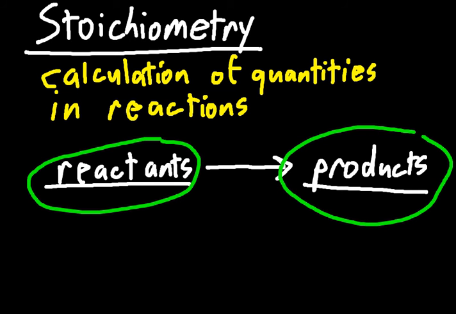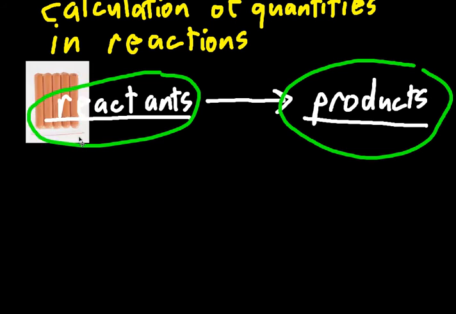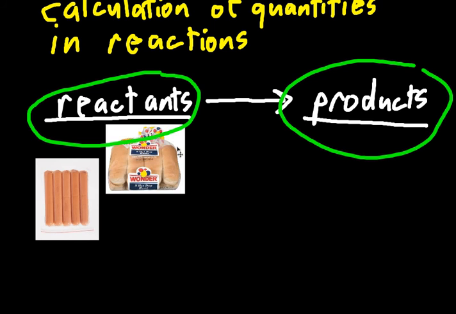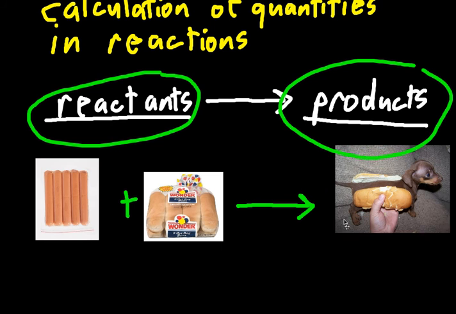So let's look back at our old hot dog example, our hot dog reaction we talked about a little while ago. So if we have hot dog weenies plus hot dog buns, those yield hot dogs.